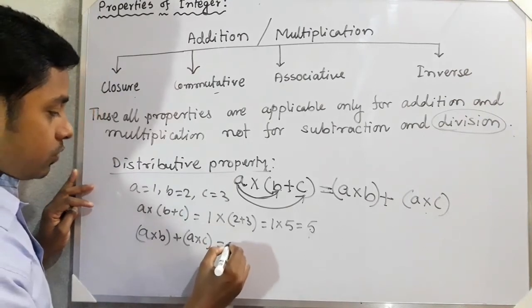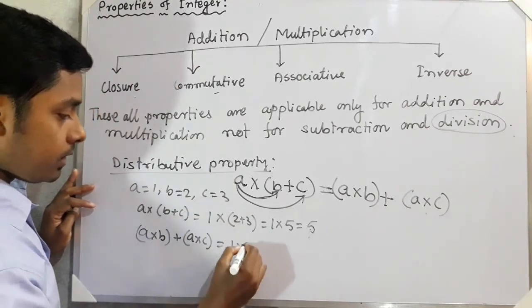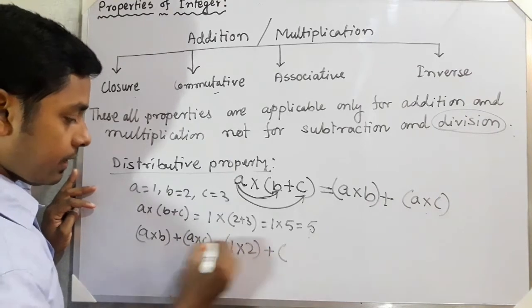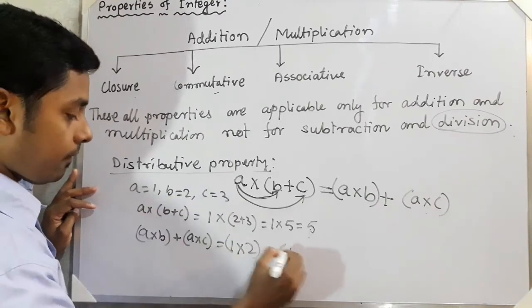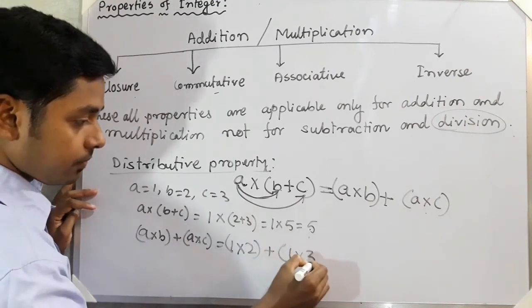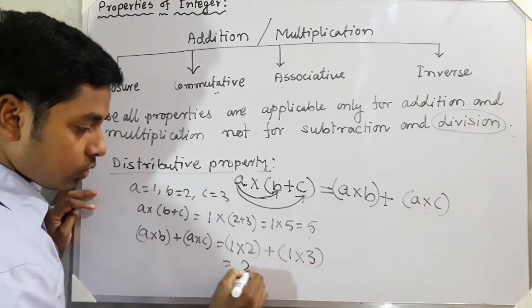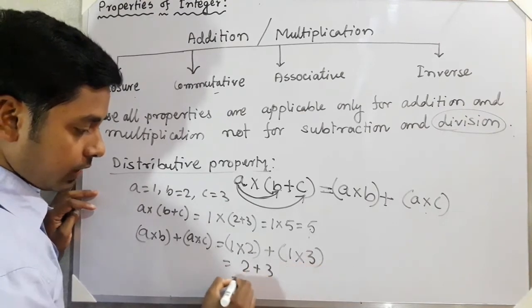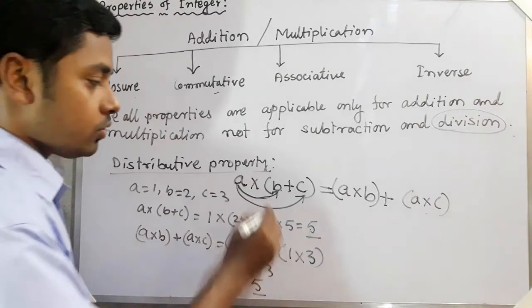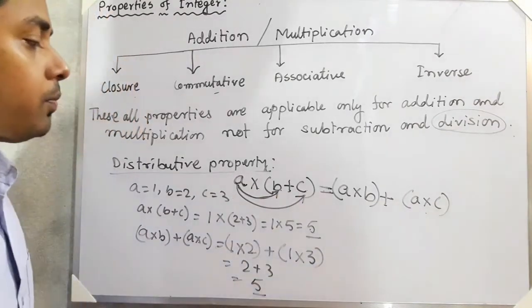So a is 1, b is 2, and a is 1, c is 3. 1 into 2 plus 1 into 3. That means 2 plus 3 is equal to 5. So we are getting the same answer. So this is called the distributive property.